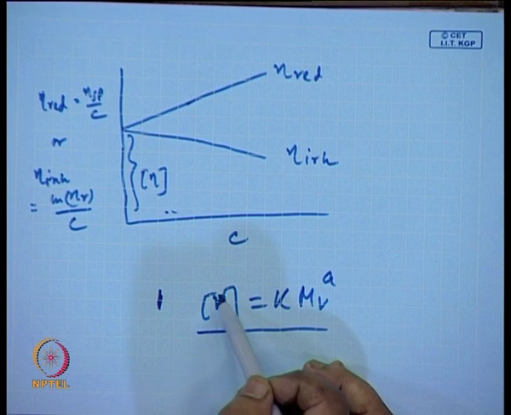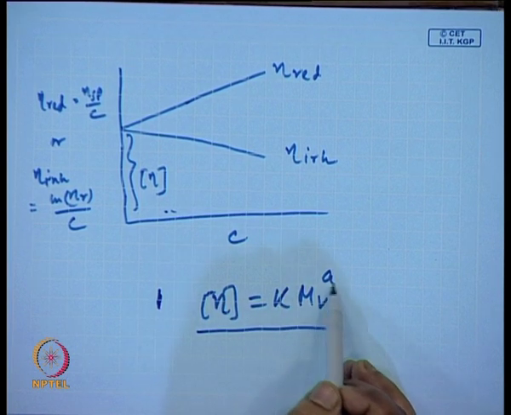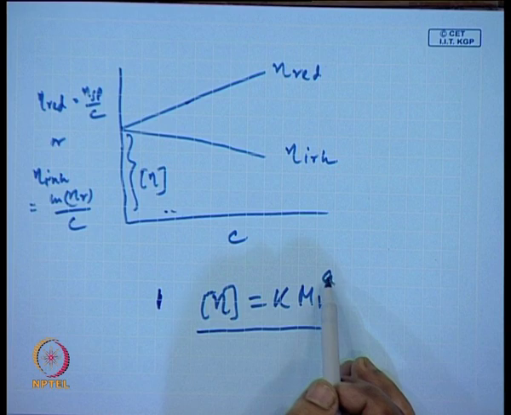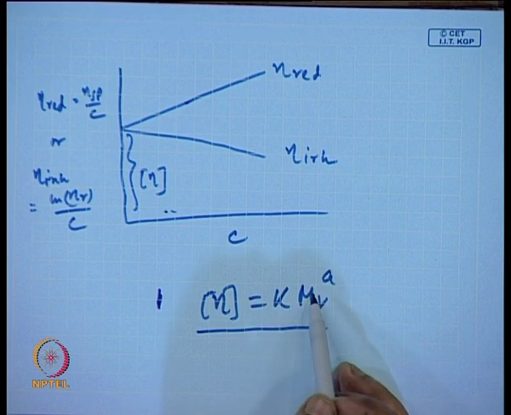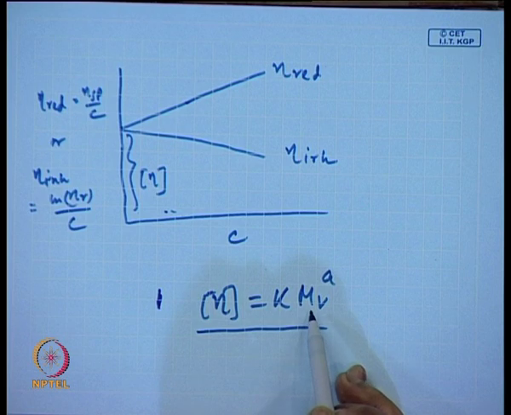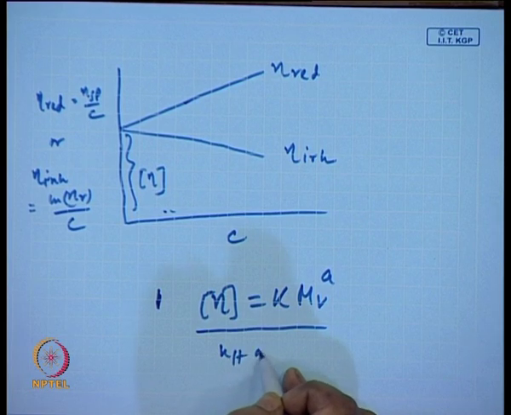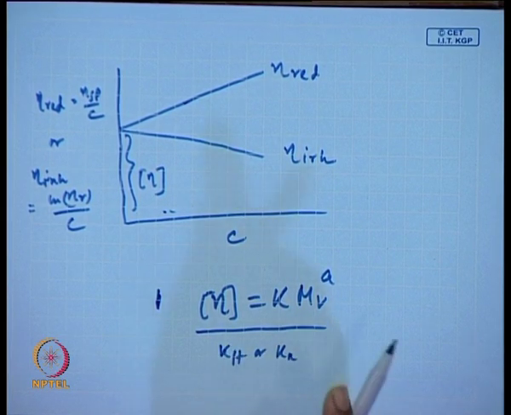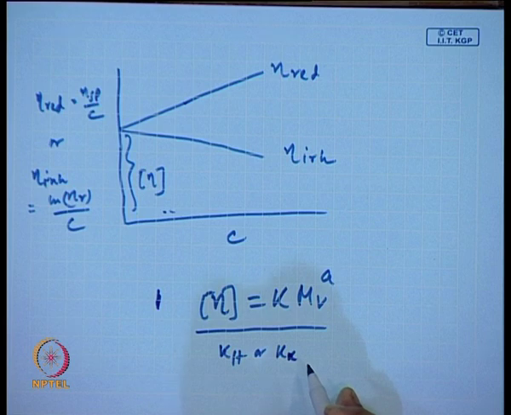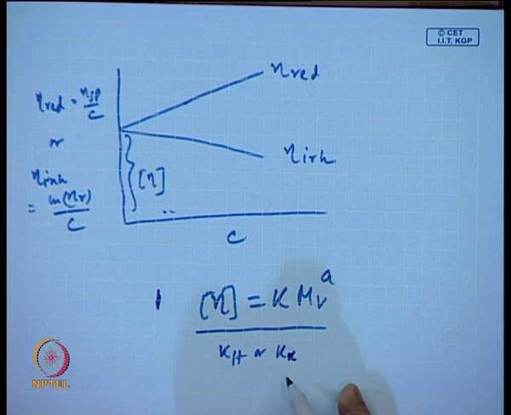Once you know this, if you know K and a, you can use this expression to find out Mv. As you have seen, if you know Kh or Kk, the Huggins constant or the Kramer's constant, then with only one concentration itself you can get the value of intrinsic viscosity and the molecular weight.